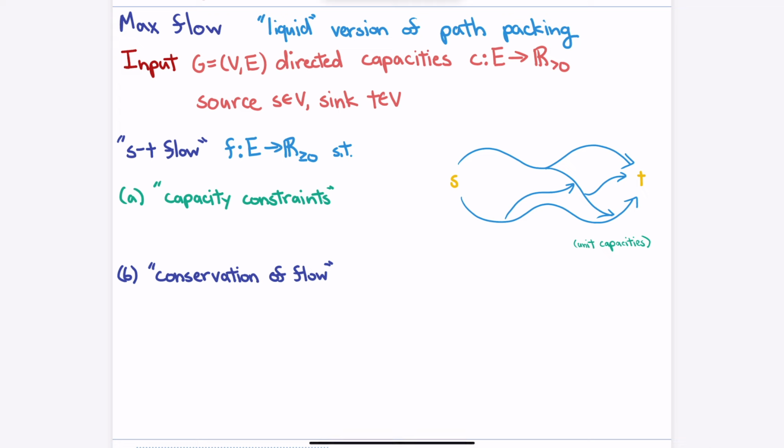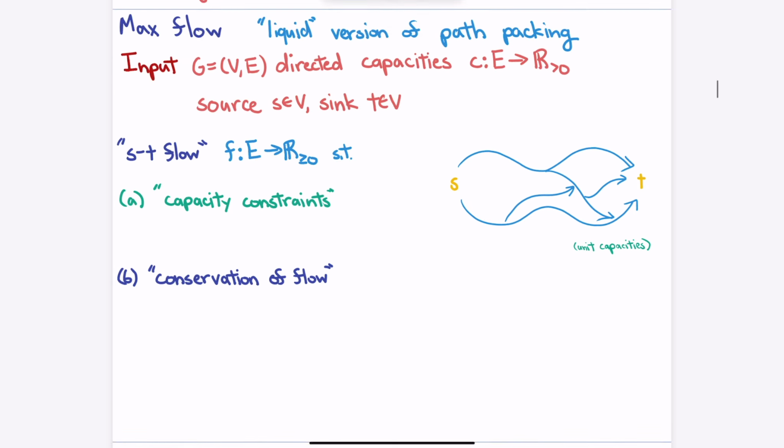Okay, sorry about that. So 0 is less than or equal to F of E, which is less than or equal to C of E. It's just saying you can only take flow up to capacity.